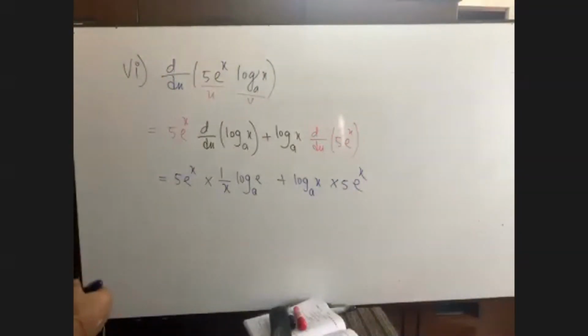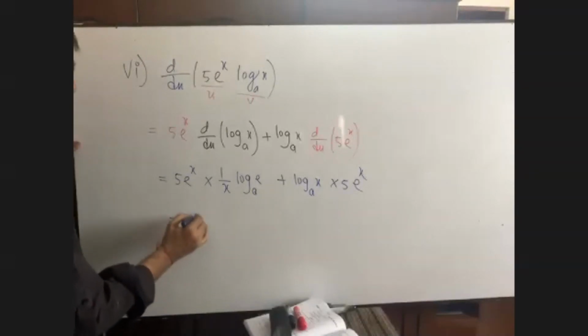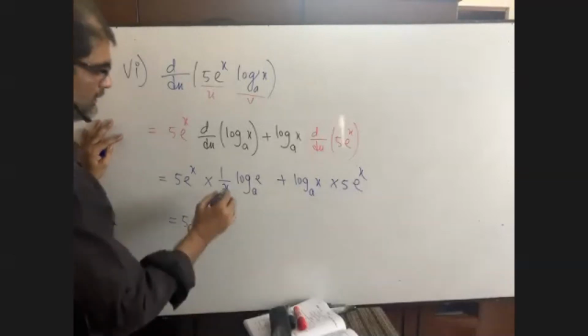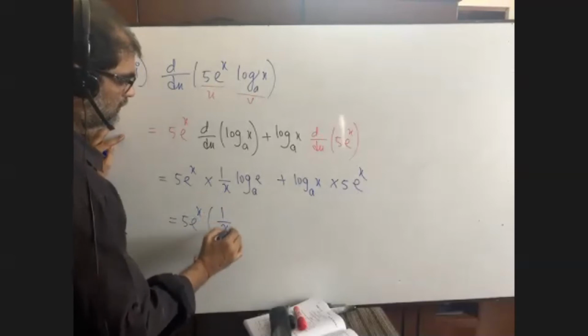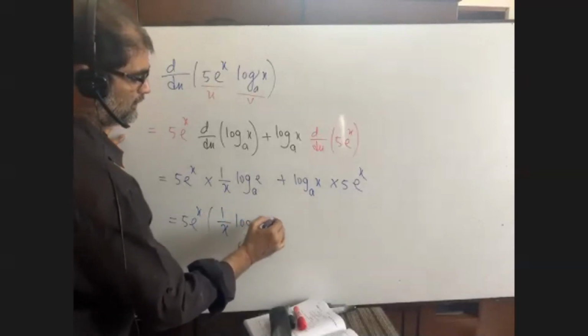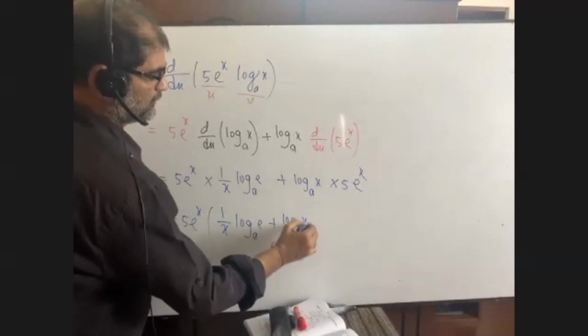Now you see 5 e to the power x can be taken common. 5 e to the power x, so 1 by x log a base e plus log a base x.